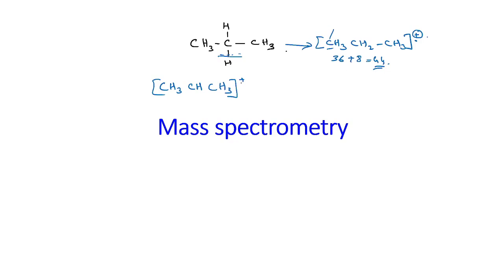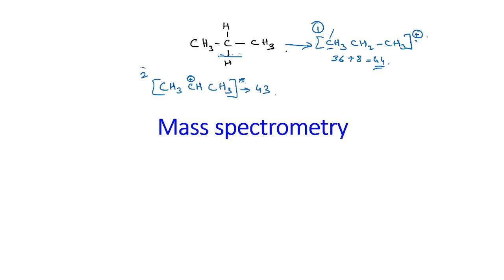In this case, we will be having a plus, but where is the plus? The plus is over this carbon. And what is the molecular mass? 43.